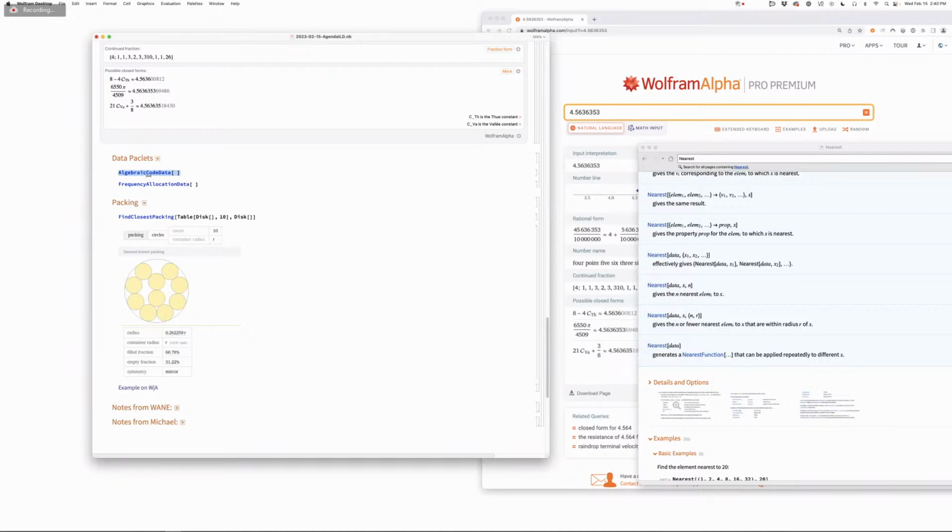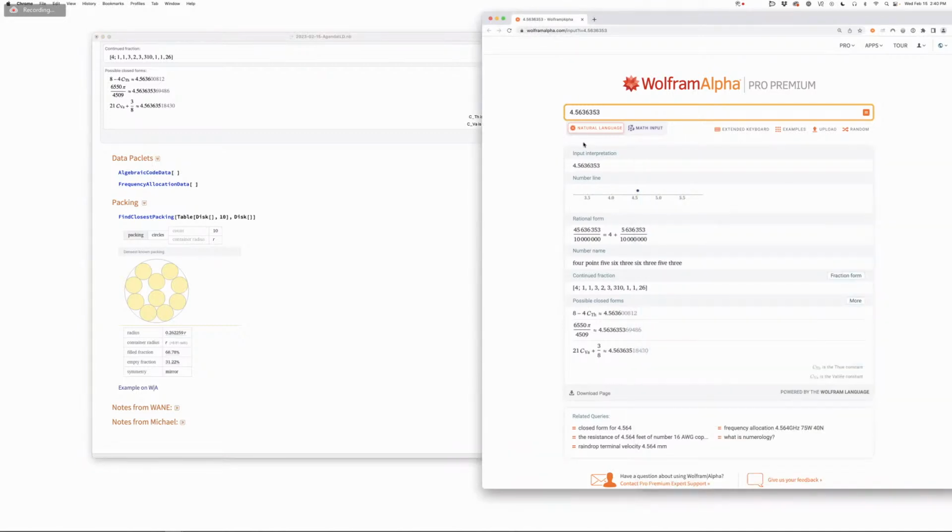I believe that's AlgebraicCodeData, and I don't even know what FrequencyAllocationData is. It's FCC and, what is it called, International Telecommunications Union, ITU. Oh, okay, not non-mathematical frequency.